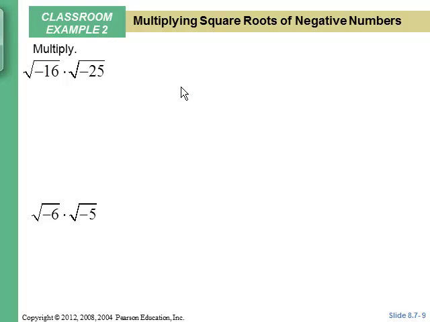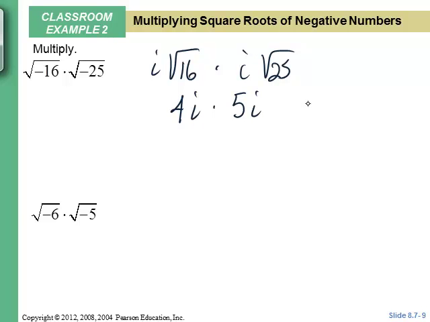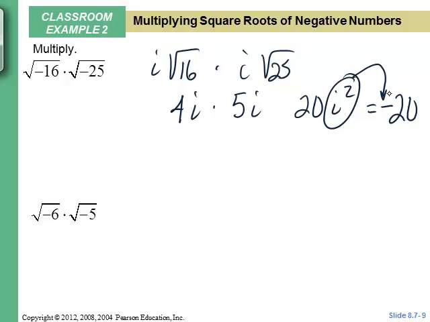Now, what's interesting is, if we multiply these, we get i root 16 times i root 25. So this is 4i times 5i, which is 20i squared. But i squared is negative 1, so this is negative 20. So i squared is negative 1.